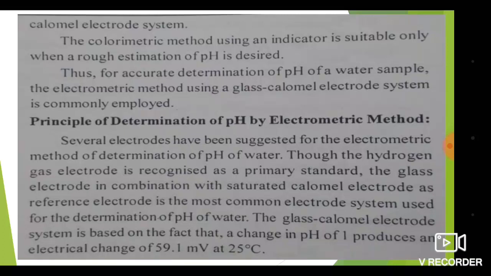The principle of determination of pH by the electrometric method. If you want to measure the pH of the solution accurately, then use the electrometric method using the calomel and glass electrode. So what is the principle? Several electrodes have been suggested for the electrometric method of determination of pH of water.